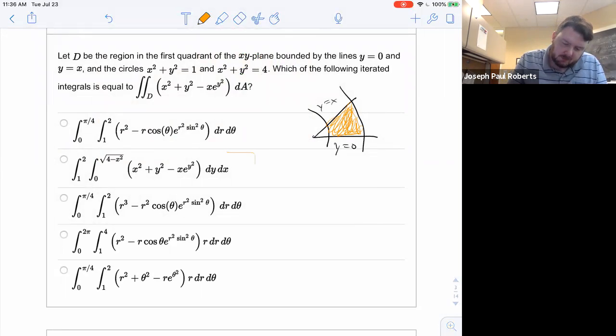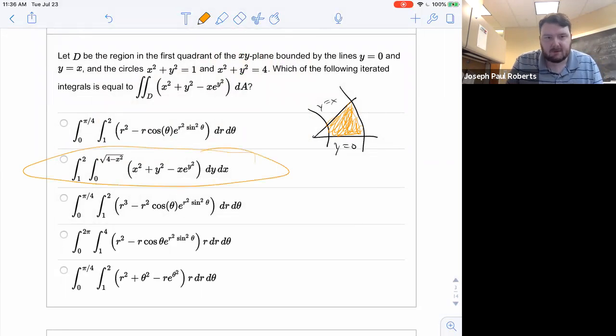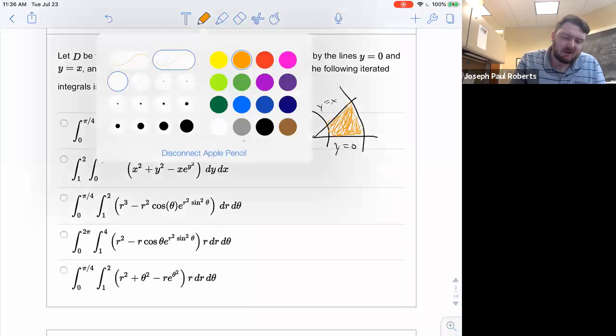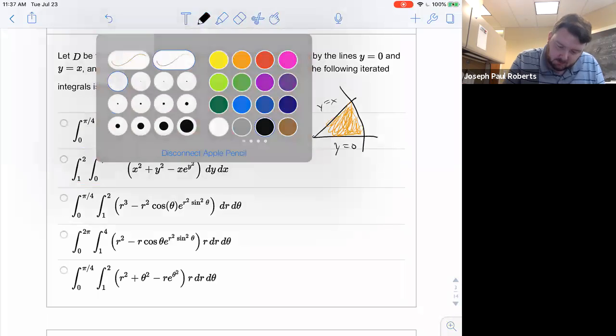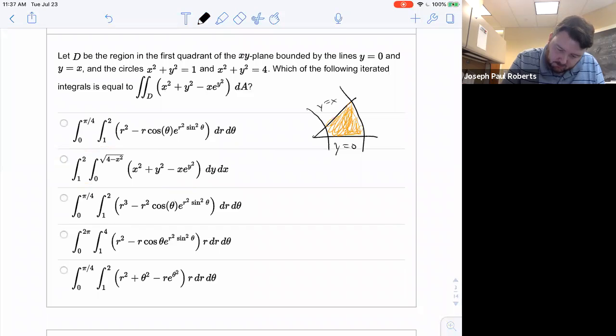So this one right here kind of looks like it's on the right track, but it's not, because if you were to do this in dy dx, I'm going to try to draw this circle a little bit better just to better illustrate what happens.